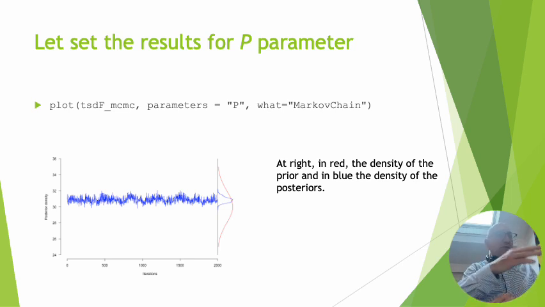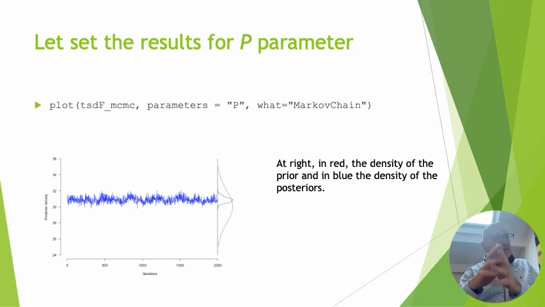So you see the blue lines with a little movement is the possible values that p can take. And at the end, when you look at the distribution of the p-value, you have the posterior distribution of the p-value, the possible values that p can take.